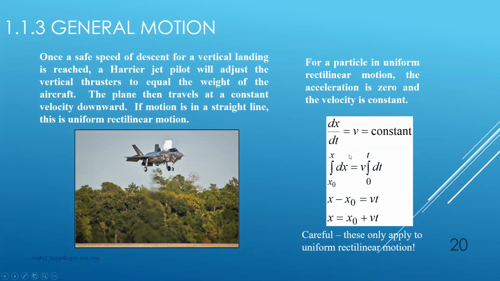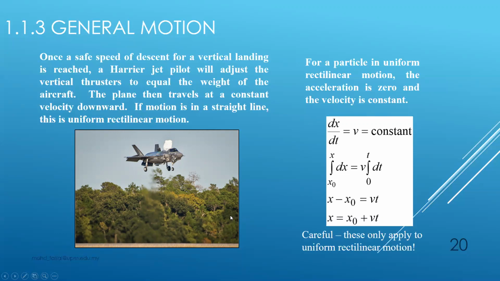Here is the mathematical expression of this condition, where we have a change of distance because it's going down, depending on the time as it goes down. However, the speed is the same, so it is constant.